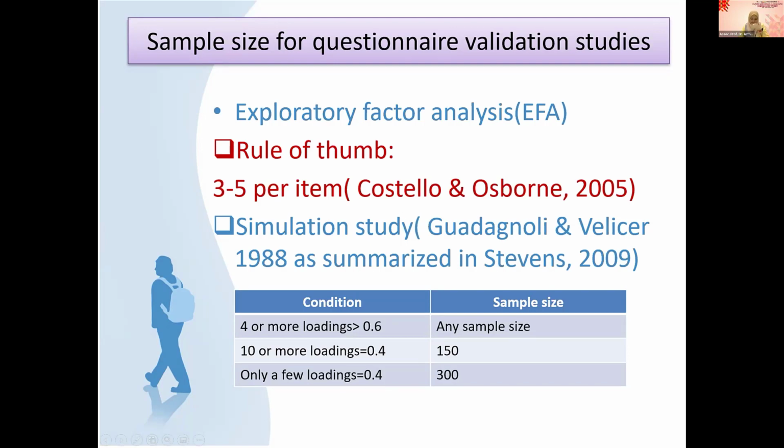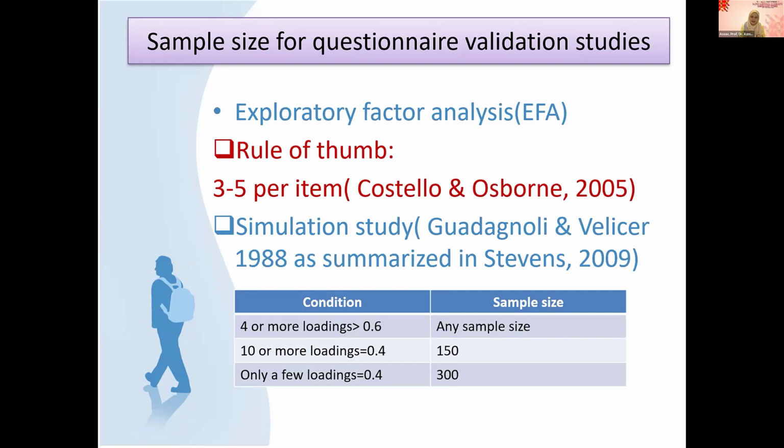Okay, but other researchers suggest that if you have four or more factor loadings, meaning how the items load when you do EFA, they are factor loadings. For your factor loading, we would like to have at least 0.4 and above.